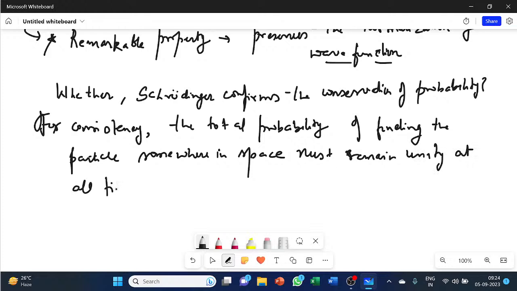It should not be that, let's say, at this particular time t you have one, and for other times you don't have this. So there should be conservation of probability also.